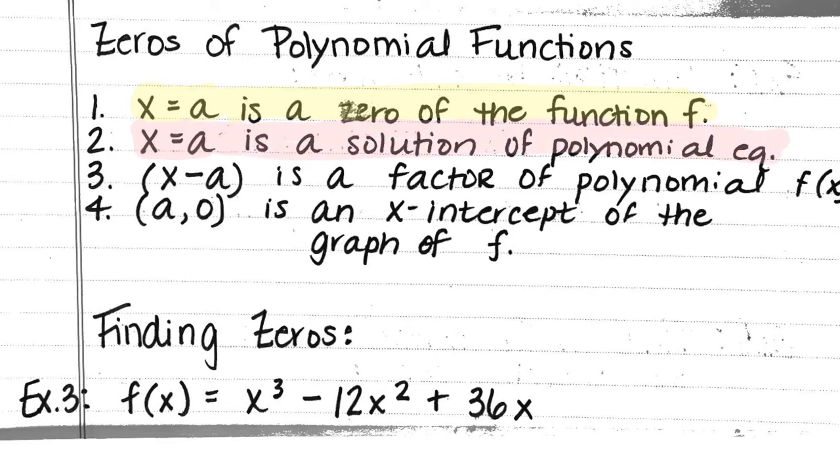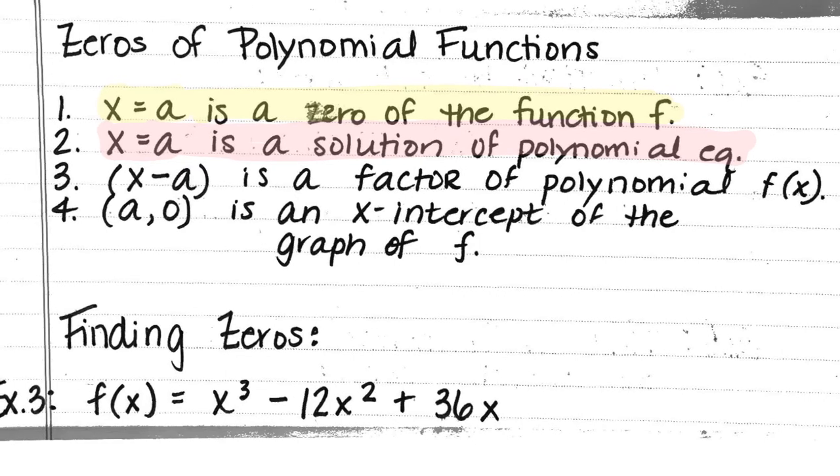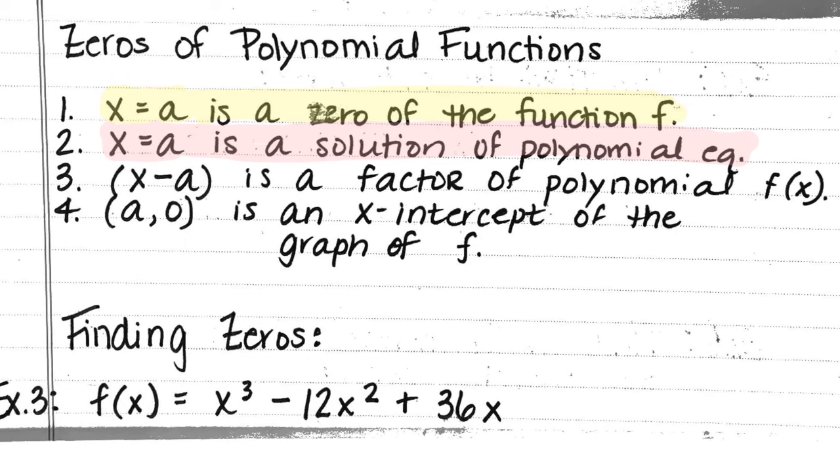They're all the same thing. They also tell us that x minus a is a factor of the polynomial. A factor. And we also know that (a, 0) is an x-intercept of the graph.